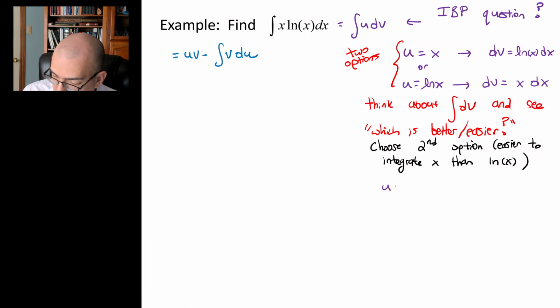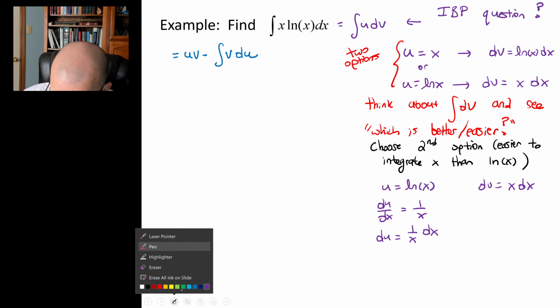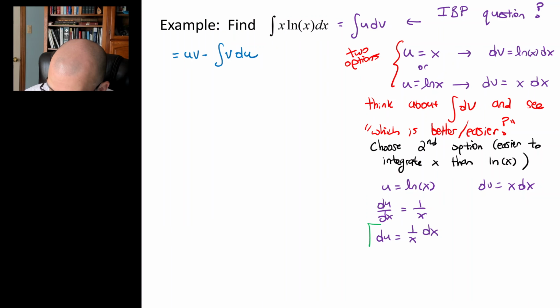I have u is equal to ln of x, dv is equal to x dx. I'm going to take the derivative of u. du by dx is 1 over x. So du is 1 over x times dx. That can go in the first part, or the last part for du.